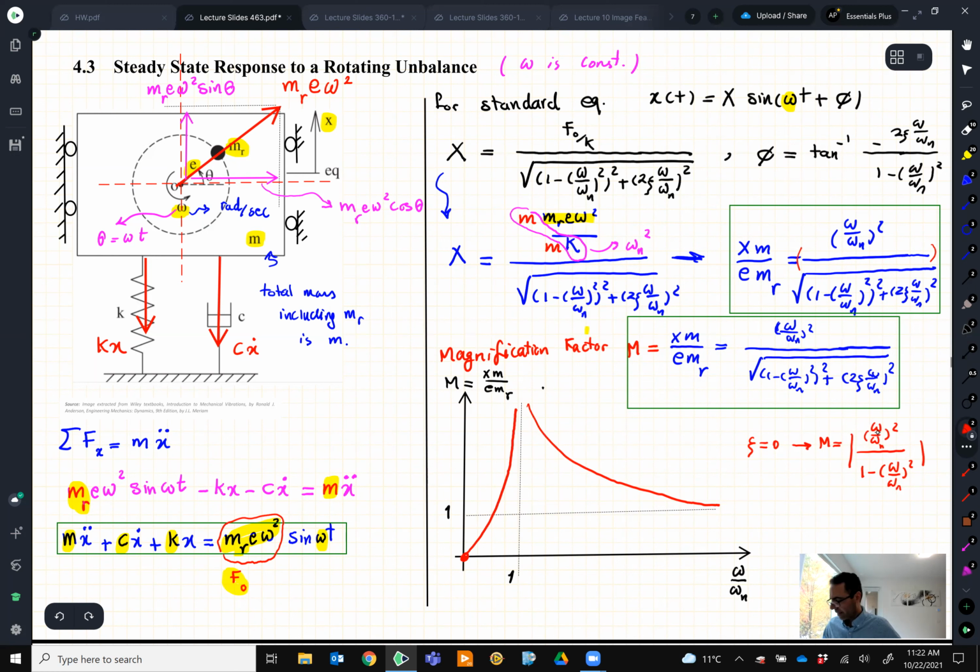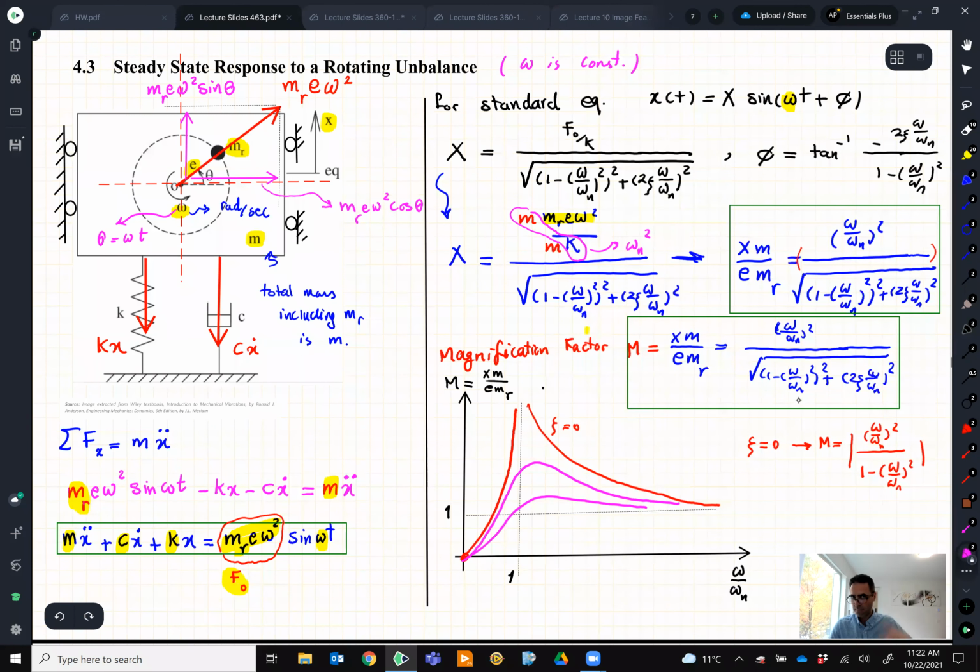All right, so that's for the case when zeta is equal to 0. For other cases, this is just a hand drawing. It looks like something like that, but all of them again go back to 1, because if you look at the whole equation, you have omega over omega n squared on the top and omega over omega n squared in the denominator.